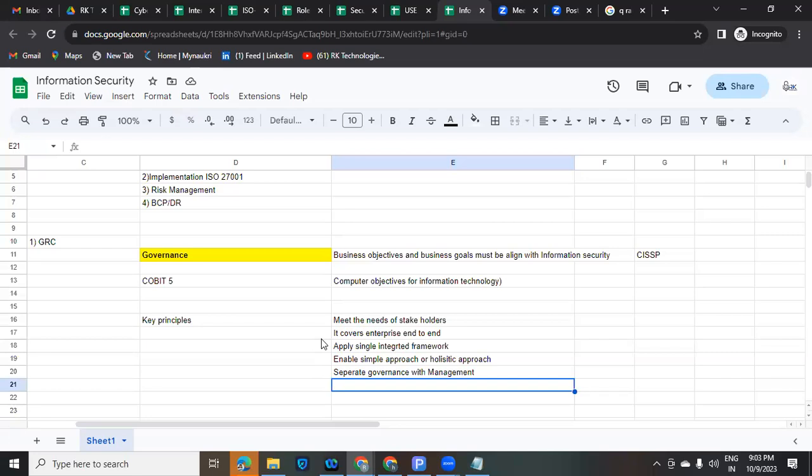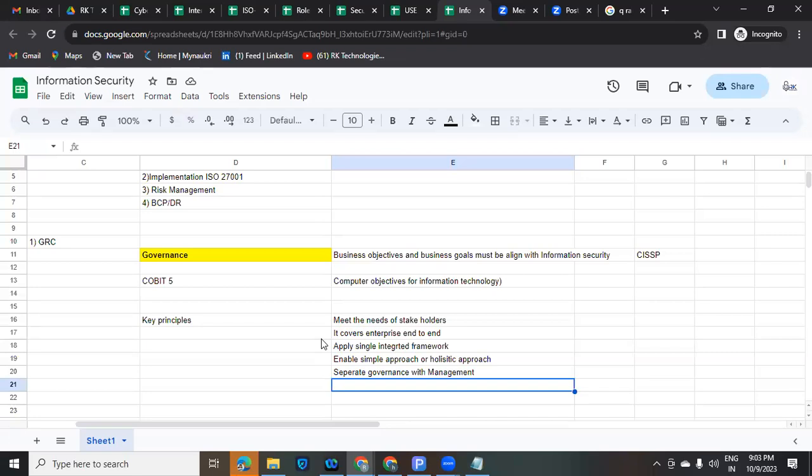Most companies follow the COBIT 5 framework related to governance. Governance explains business objectives and business goals. Those goals should be implemented in our information security, according to the type of business we are doing, and we have to follow the relevant compliances.